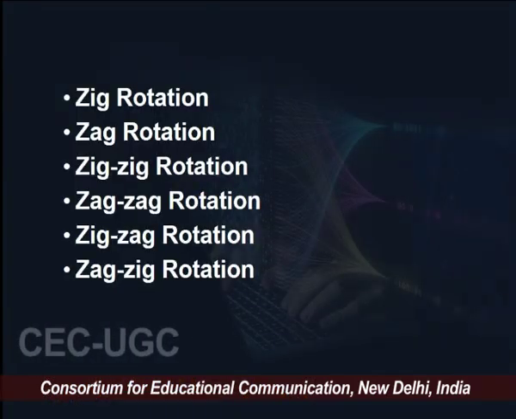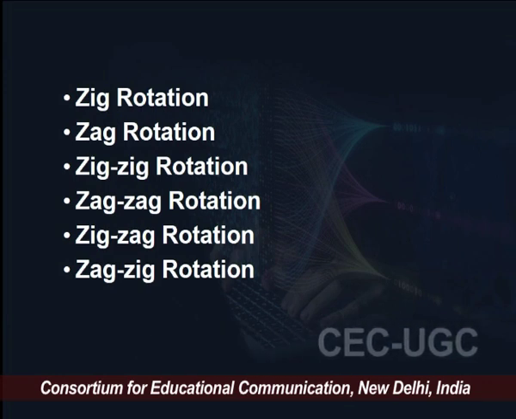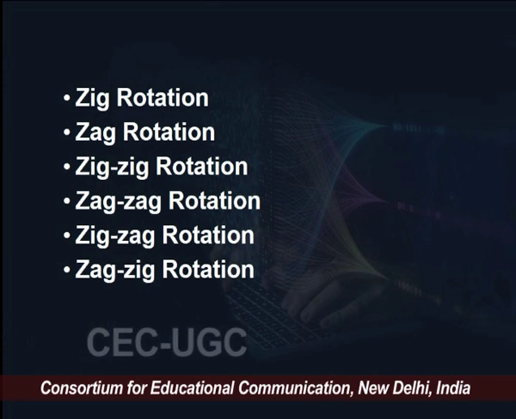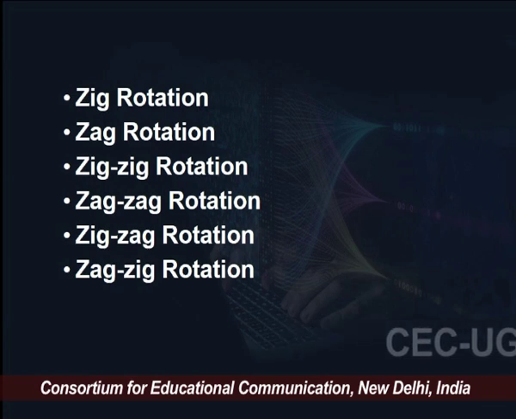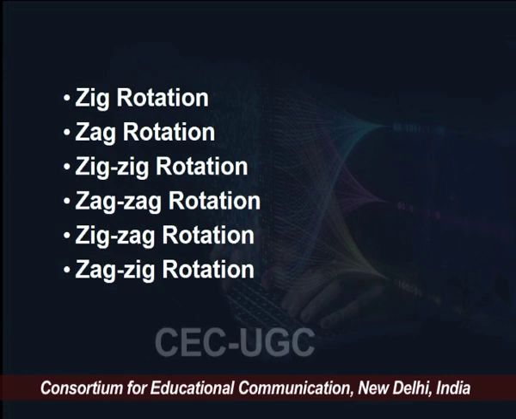Let us name them first, and then obviously we will be looking into the details of each and every type of rotation. So, the first one is zig rotation, then we have zag rotation, then we have zig-zig, which is a zig followed by a zig, then zag-zag, which is a zag followed by a zag, then zig-zag, which is a zig followed by a zag, and the converse of it, which is a zag followed by a zig.